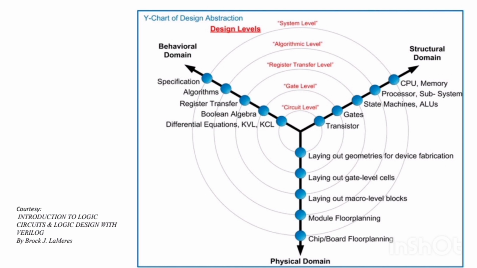The second one, the structural domain, focuses on how the system is built, outlining the components and interconnections. And finally, the physical domain focuses on where the components are to be exactly placed and how they are physically arranged on a chip.